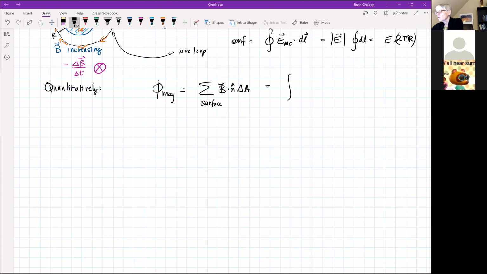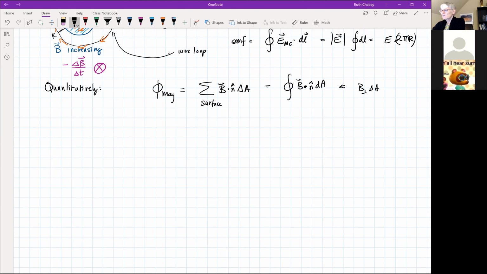Or if we want to write it so that it's always true, we can write it as an integral of B dot n hat dA. And that, of course, is equal to the perpendicular component of B times the area element of this surface.